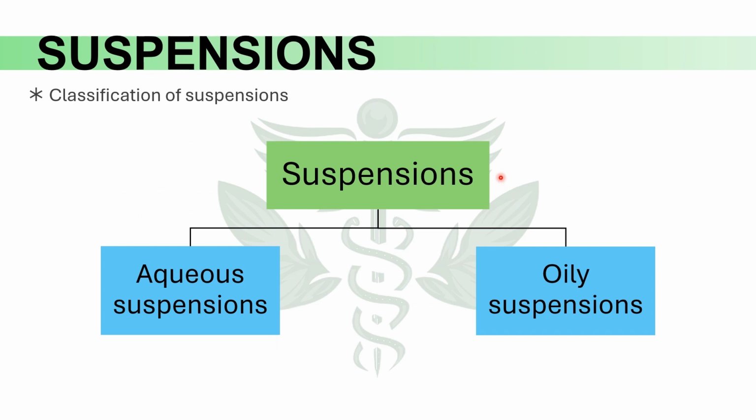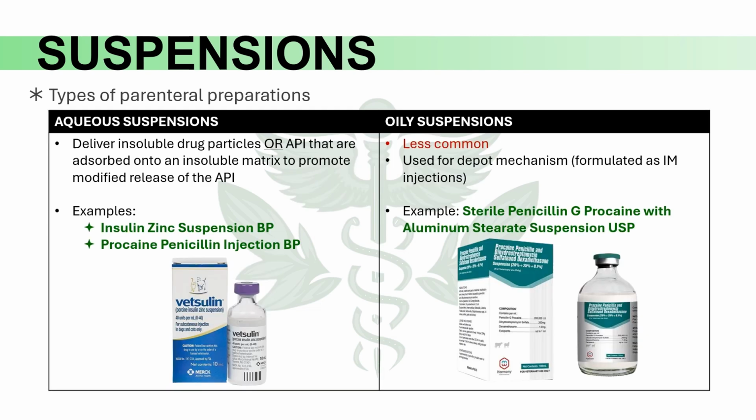Next are suspensions. There are two types of suspensions depending on the vehicle we use. We have aqueous suspensions and oily suspensions. Let's start with aqueous suspensions. We use aqueous suspensions to deliver insoluble drug particles or active constituents that are adsorbed onto an insoluble matrix to promote modified release of the active constituent.